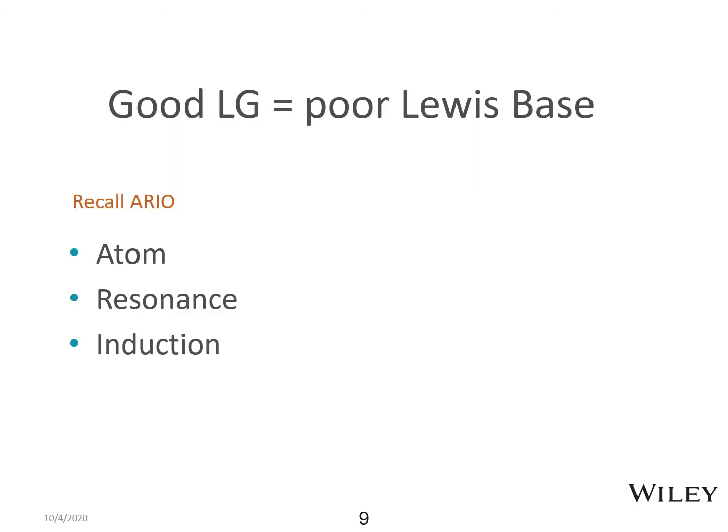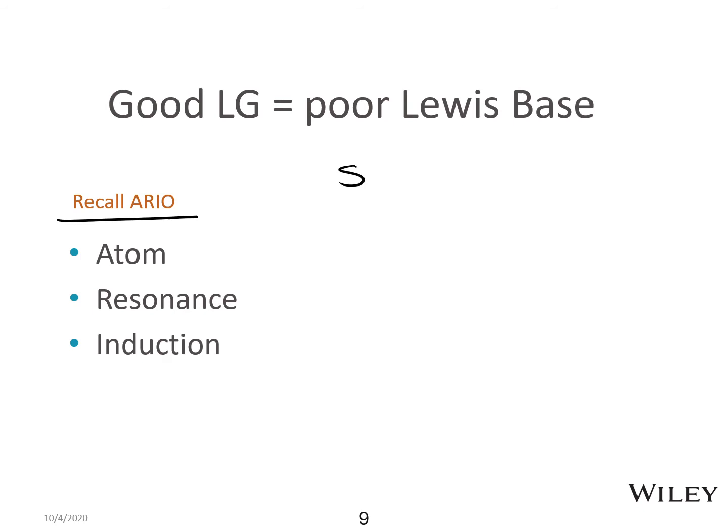All right, so in class we'll spend more time on substitution reactions, but I want to talk a little bit about good nucleophiles and poor nucleophiles, and your worksheet's going to have a long list of these, so please look at them and rationalize them. But a couple of little tips is that it still follows along with the ARIO. Typically, we don't care too much about the O part, the orbital part, for this purpose, but the most important thing is the atoms.